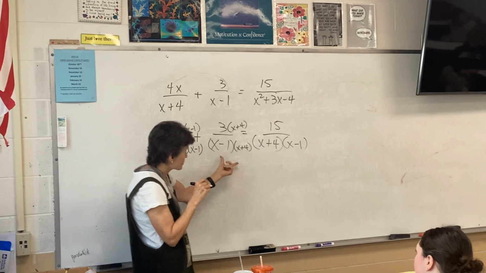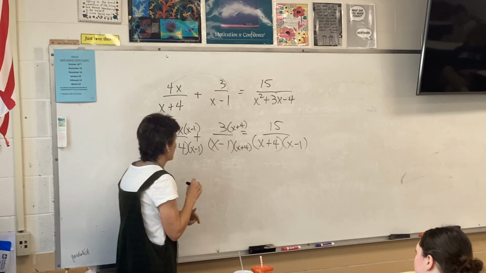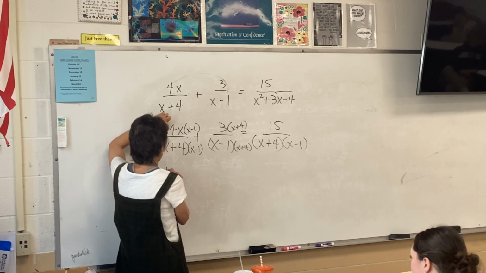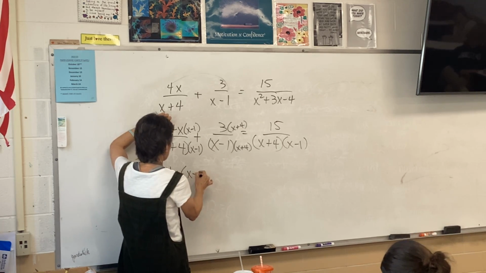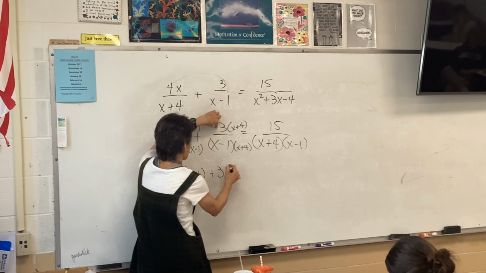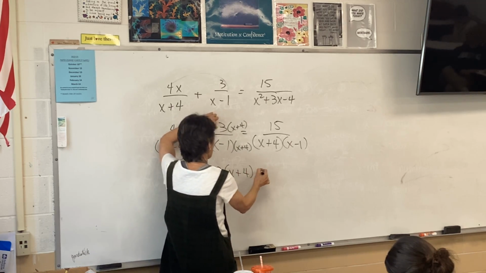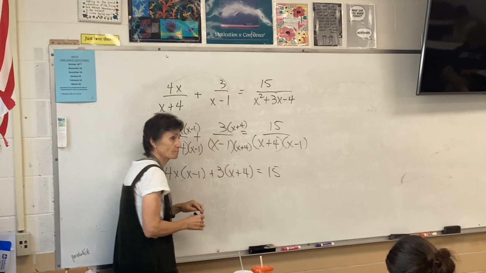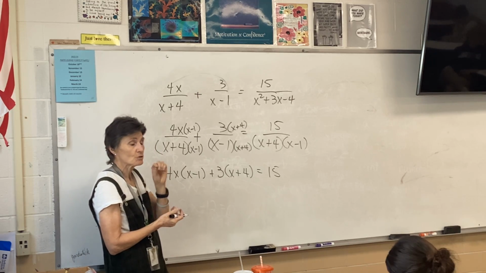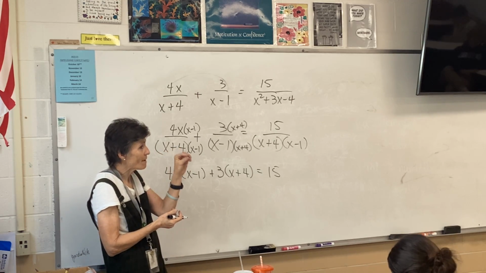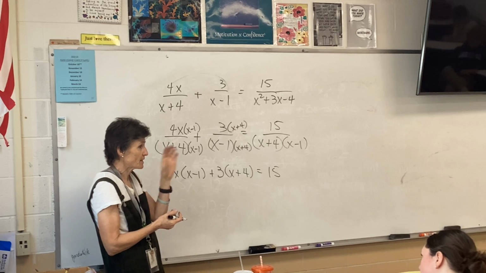Now, they all match. So forget them. I have 4x times x minus 1, plus 3 times x plus 4, equal 15. As soon as the denominators match, you ditch them.